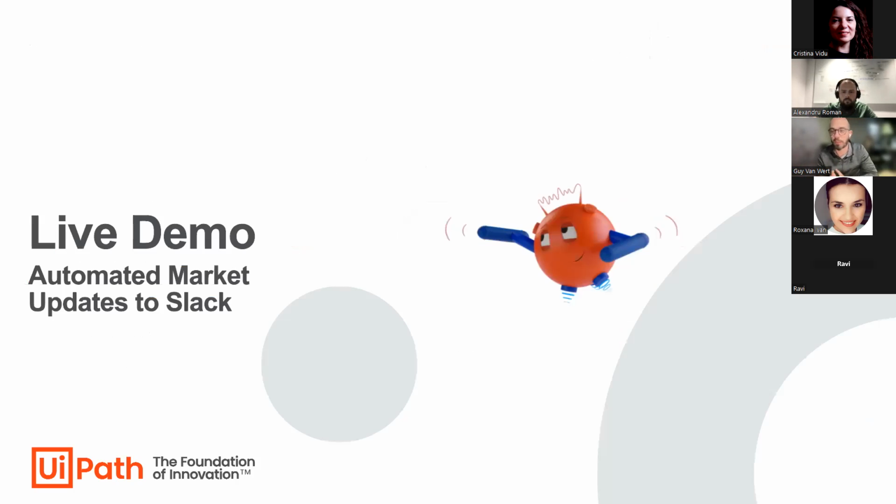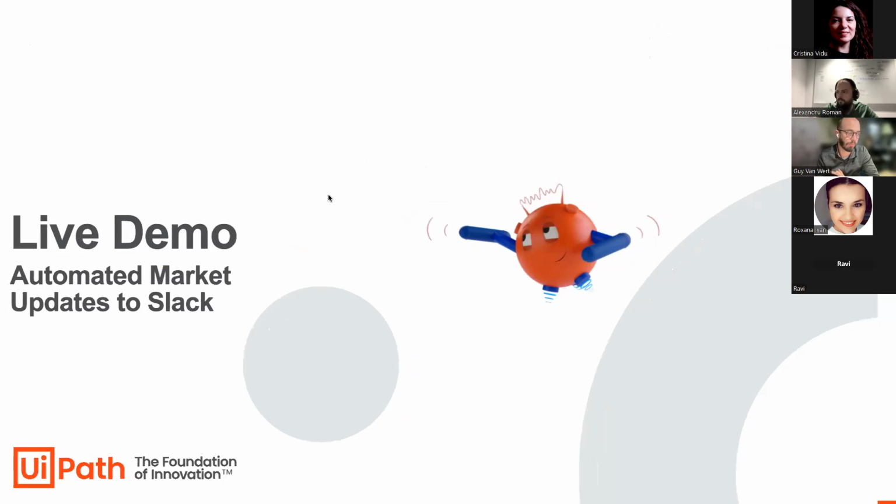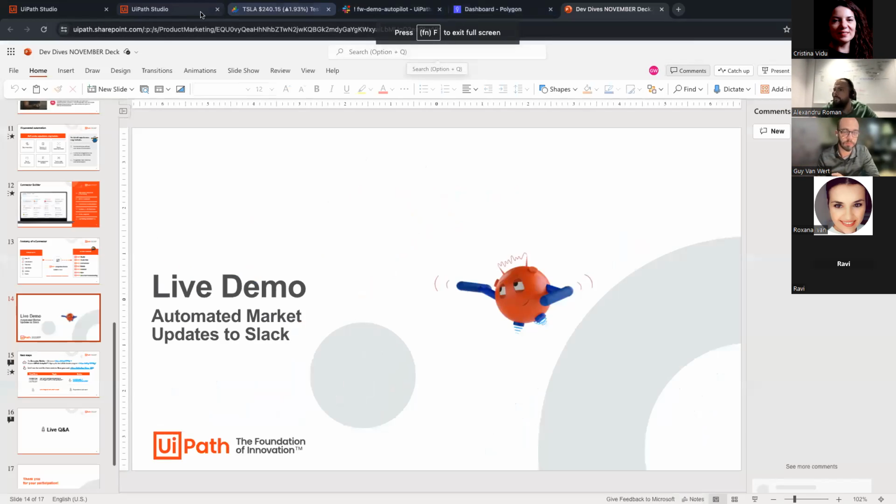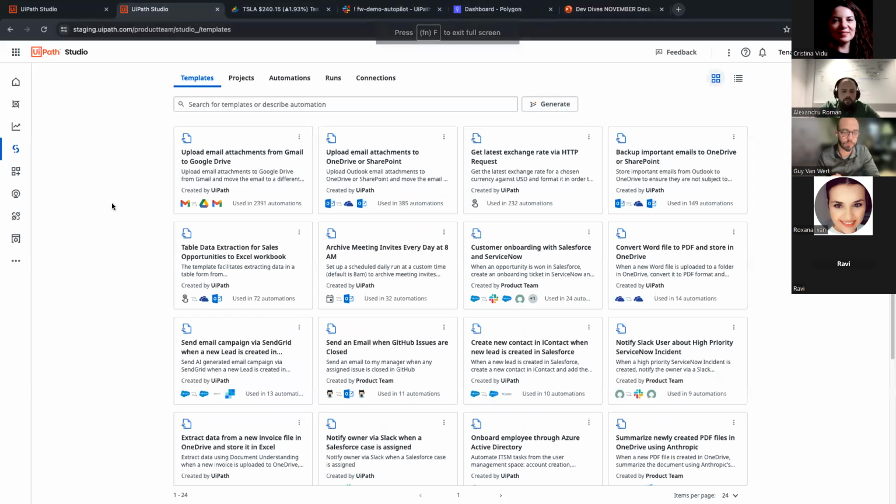Great, live demo. Alex, back to you, because you'll kick this off with building a workflow. Sure, let me navigate to Studio. So what we're gonna do today, let's take the example Guy shared with stock market, and we are gonna monitor a given stock ticker and get a brief description of that, get the current price, and share it with our team members.